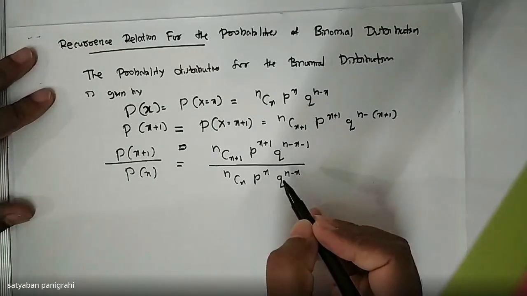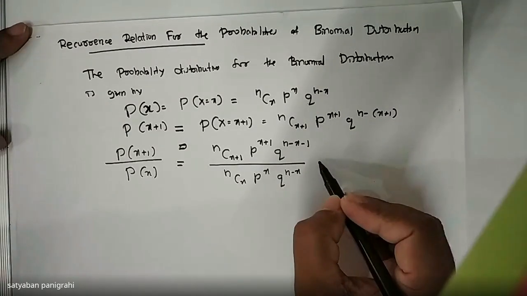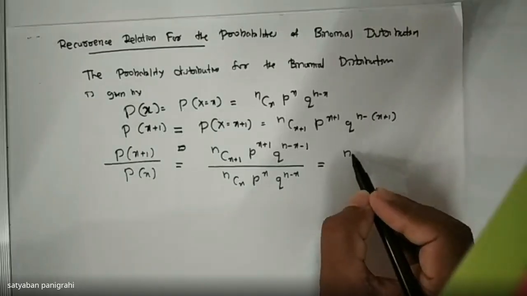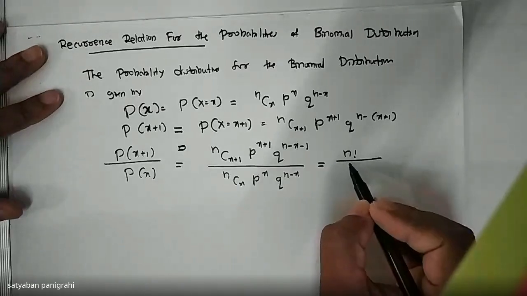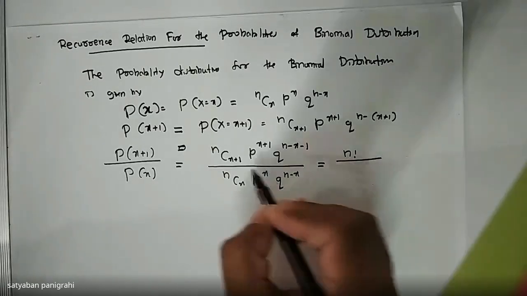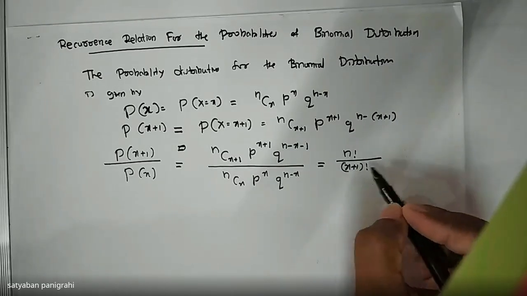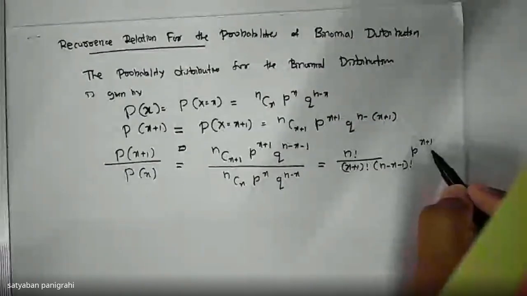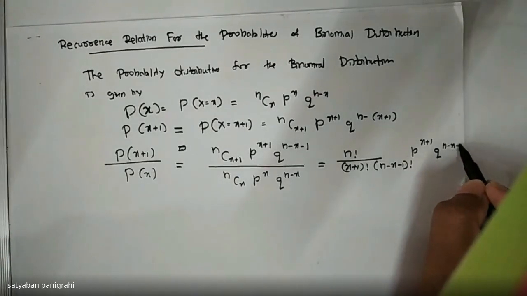Okay. So doing this, you all know the formula corresponding to nCx. So this gives nothing but n factorial divided by x plus 1 factorial times n minus x minus 1 factorial, with p to the power x plus 1 and q to the power n minus x minus 1.